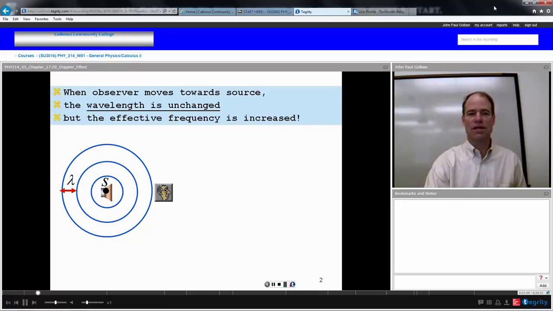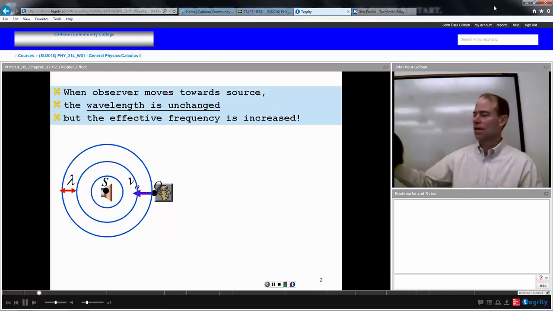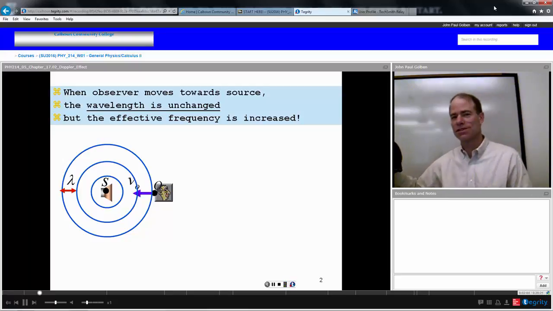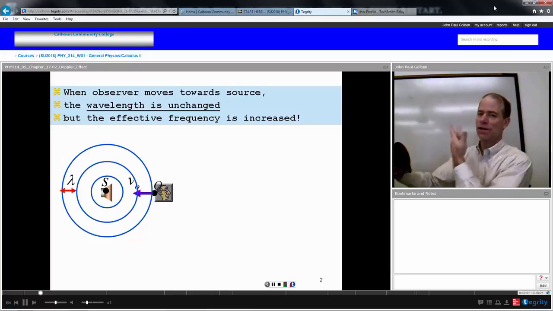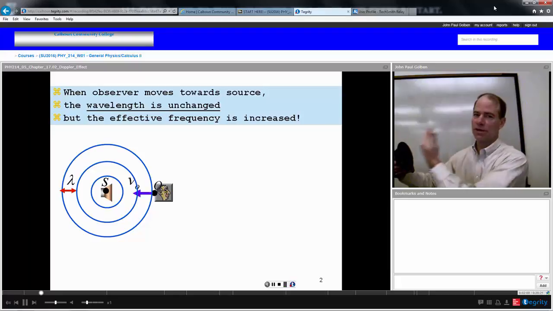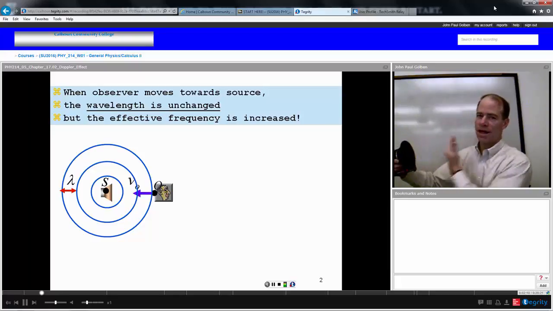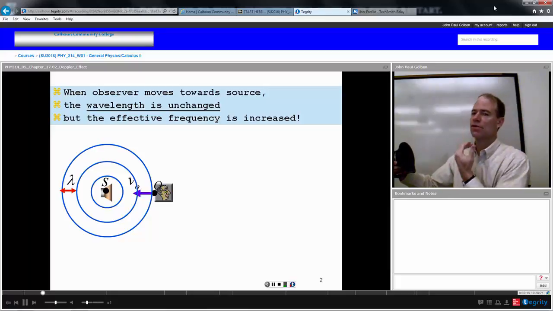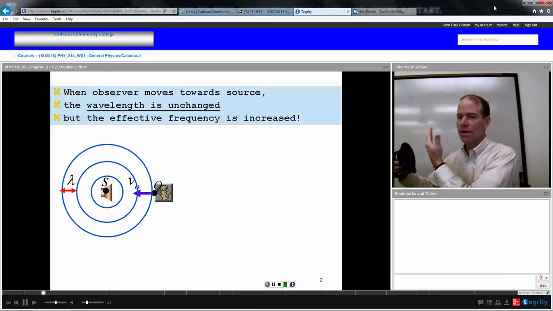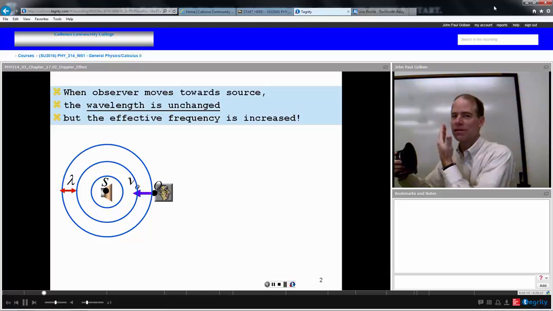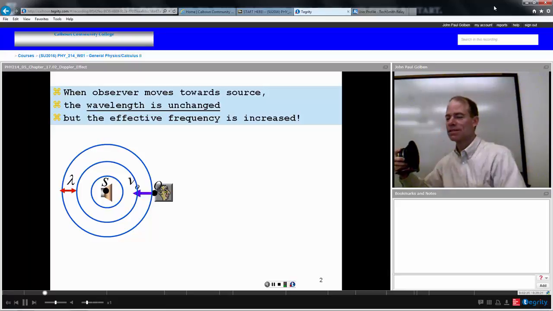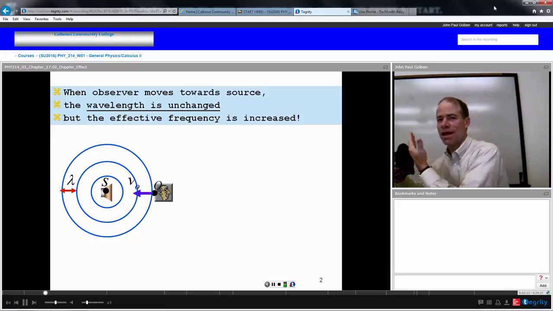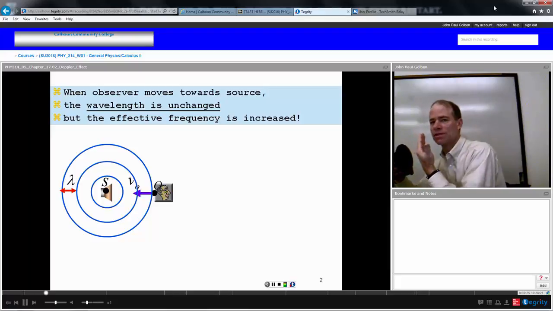So the wavelength's unchanged. What happens if I start moving towards the source? The source is putting out these wave fronts at a particular frequency, and I just heard a wave front, and I start moving towards the source, so I'm going to pick up the next wave front a little bit sooner, and I continue moving towards the source, and I'm going to pick up the next wave front a little bit sooner as well.